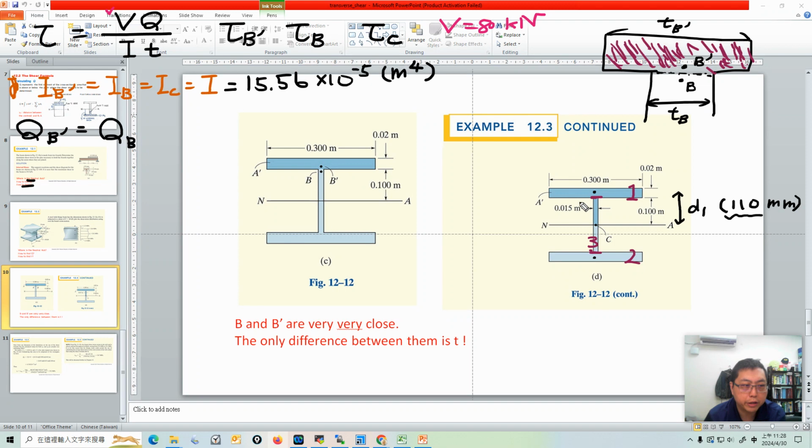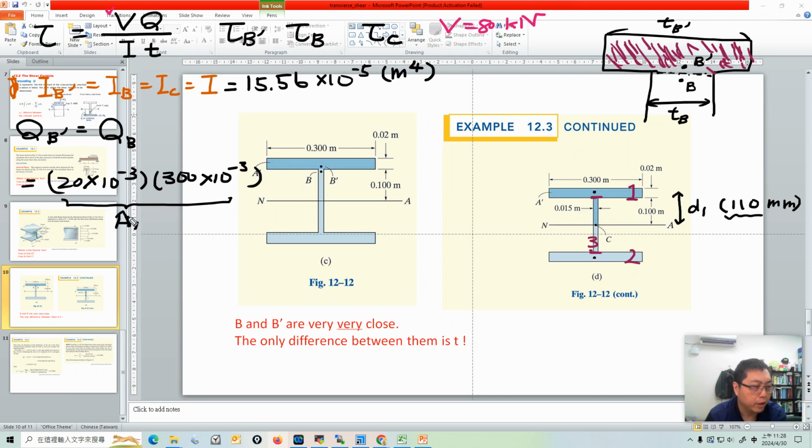The area, I think the dimension of the area, is 20 millimeter times 300 millimeter. That's our area. I want to consider just the A1. This is A1.